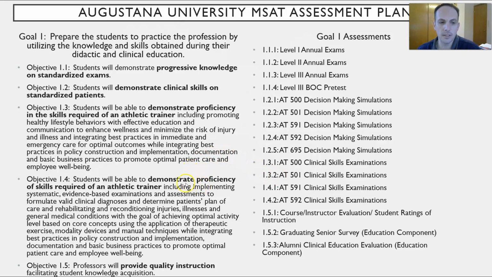And then the last one here is demonstrate proficiency on the skills required of athletic trainers, and that gets into skill exams as well. So 3 and 4 are just different types of skills. And then most of the time we end with a programmatic objective saying that we're going to provide quality instruction. And with that, we have different surveys that students complete, both normal course instructor surveys, when they're graduating seniors, and then alumni surveys as well.